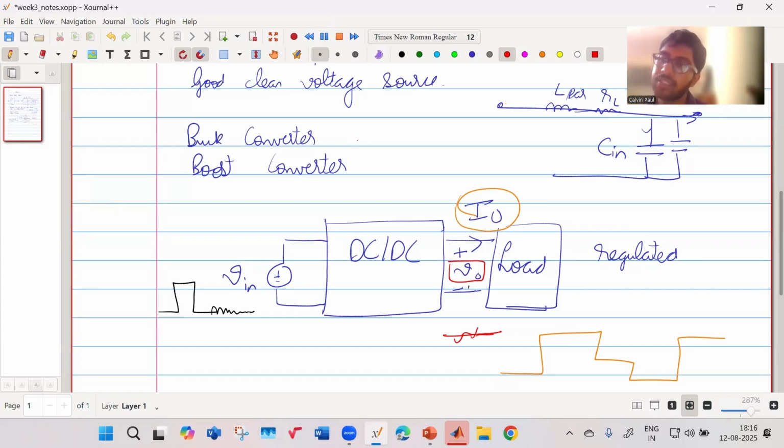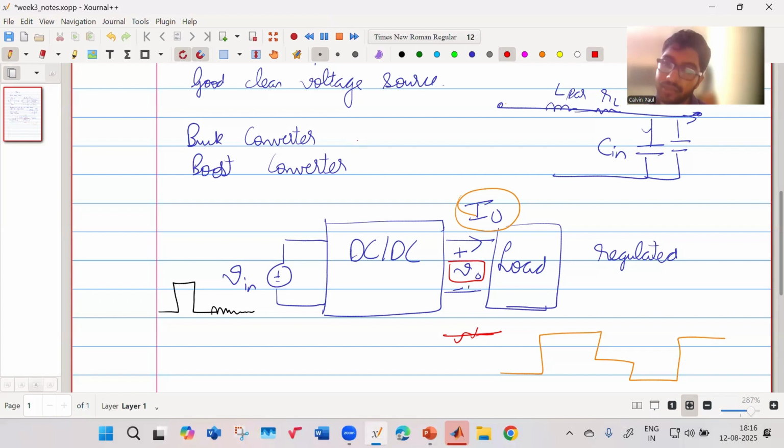Your input AC supply is coming, you will have a stabilizer which will give you a stabilized voltage, and then you can connect all these electronic equipment. As these newer equipments are very sensitive, they need the stabilized voltage. And this is possible because we have these converters which can give you all these stabilized regulated voltages.